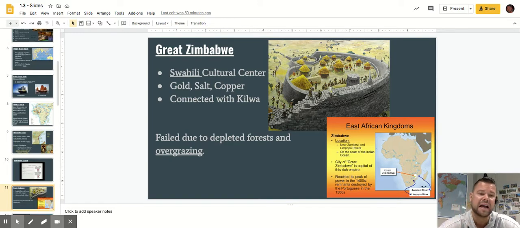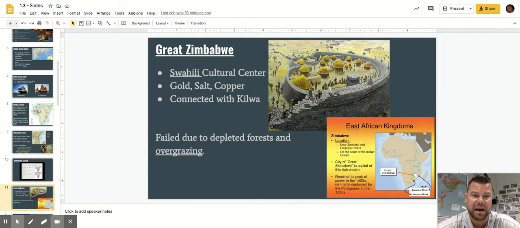And one of the reasons they got crops was the Bantu were the first organized iron workers or metal workers in this region, and they made these simple tools that made harvesting and planting crops so much easier.